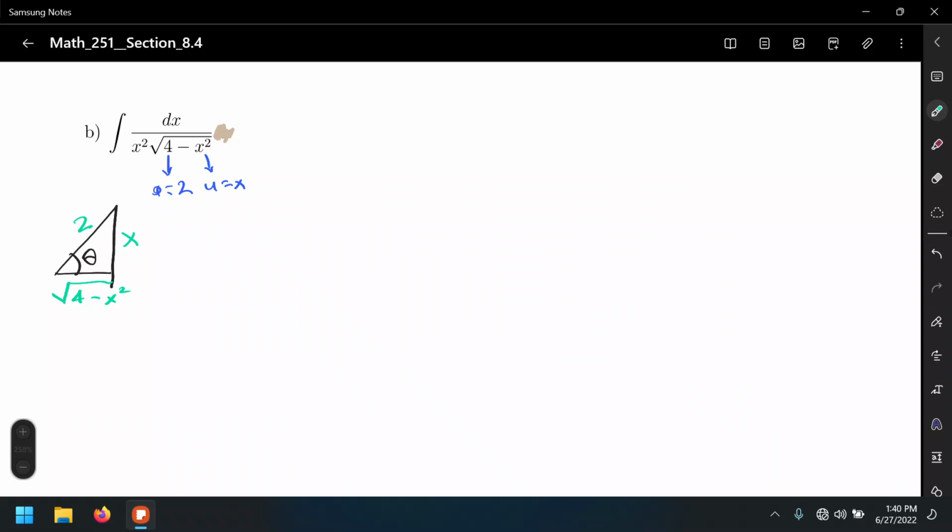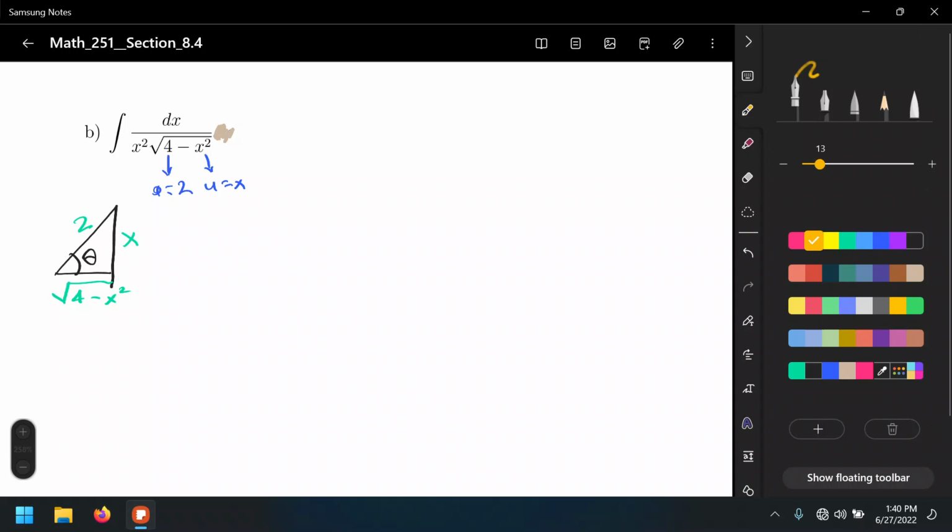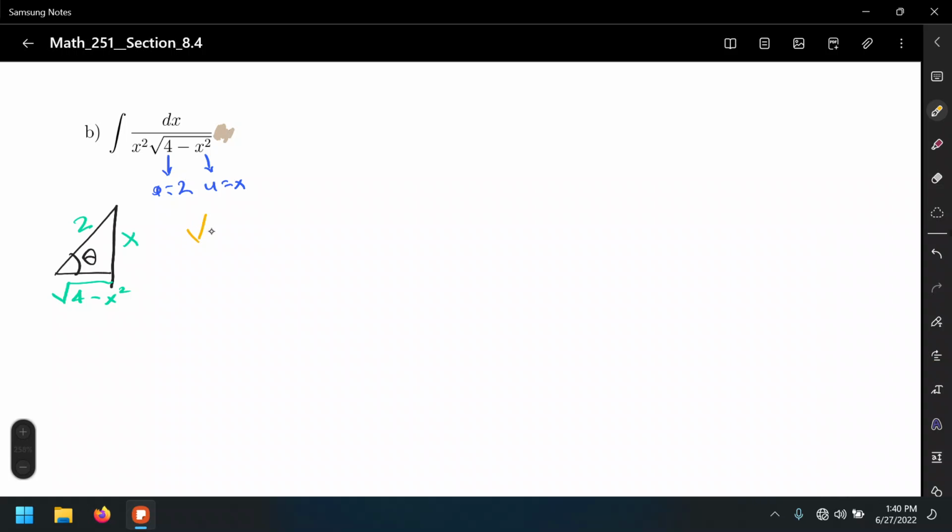Radical over 2, do we all agree that radical over 2 is simpler than radical over x? Because that's going to leave us with less x's than usual. So radical 4 minus x squared over 2 equals, which trigonometric function is this one? It's cosine again, right?